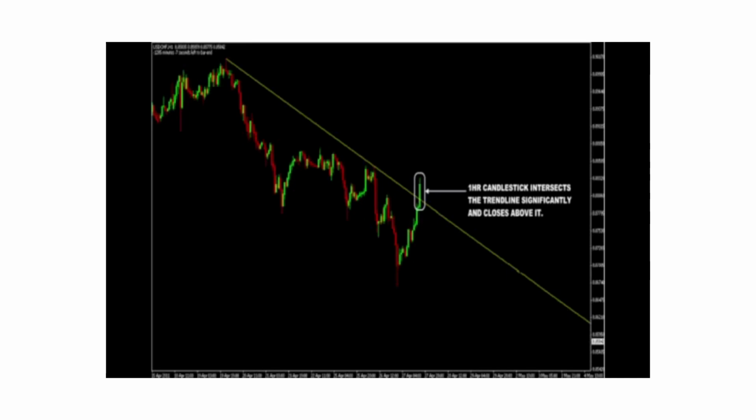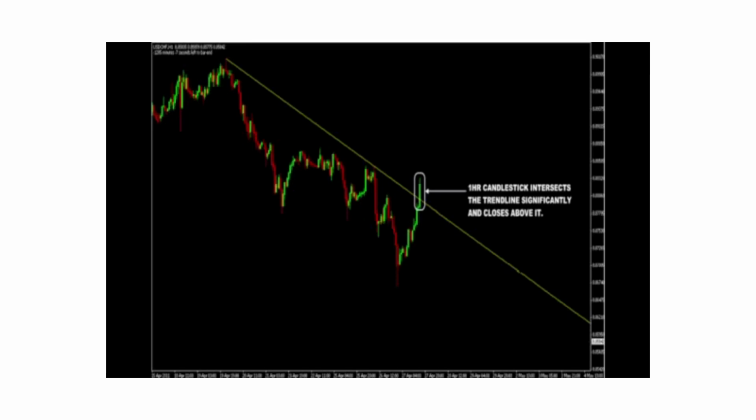The opposite is also true for an upward trend line. If the candlestick closes below it significantly, that may be a signal that the upward trend line is now violated and the price would now be heading down.